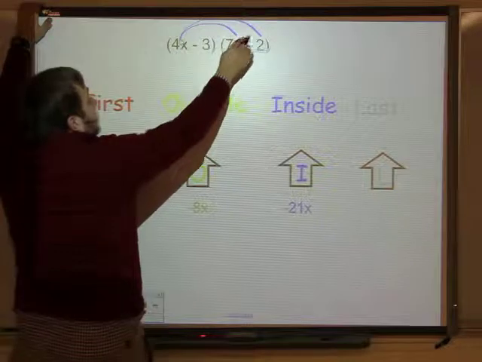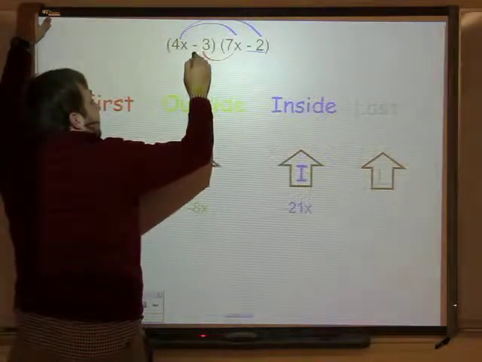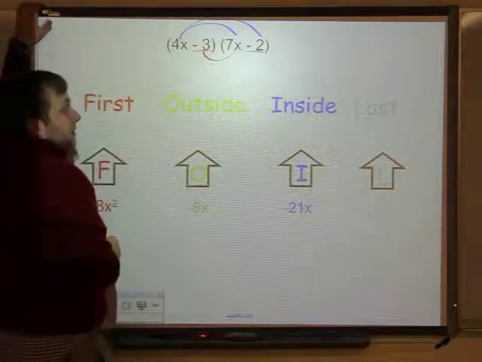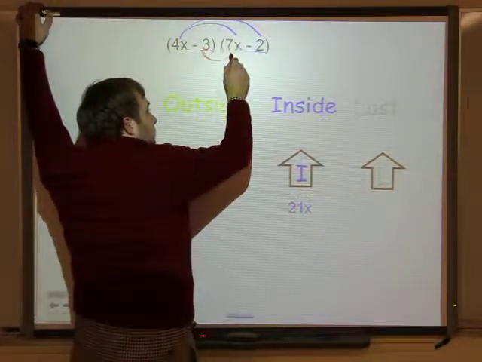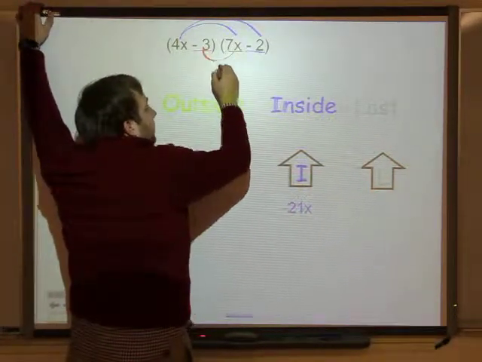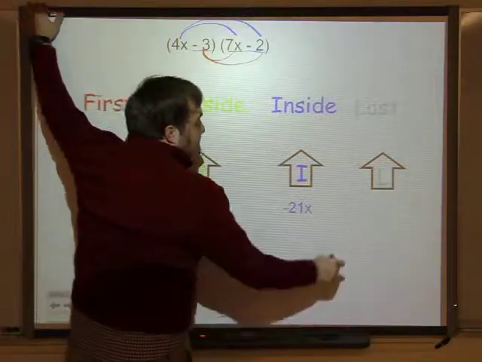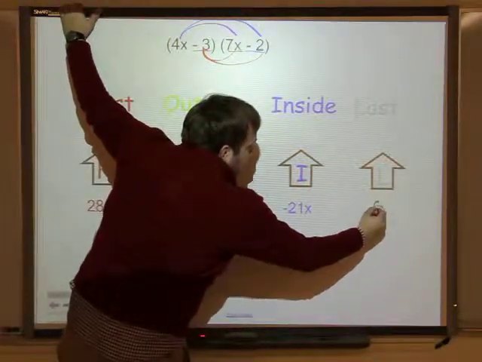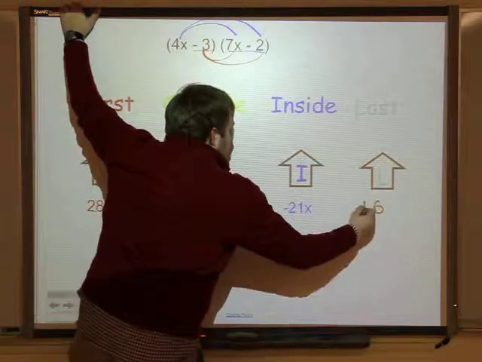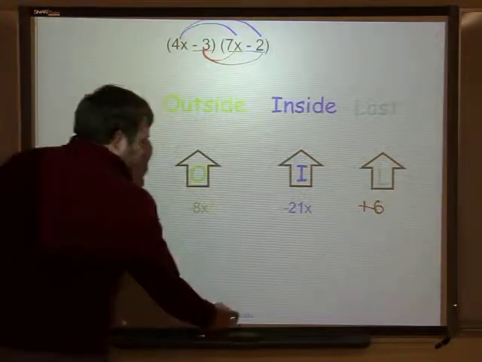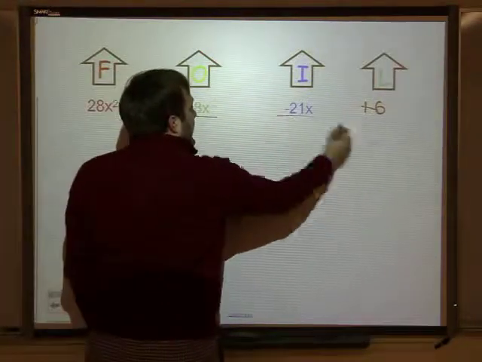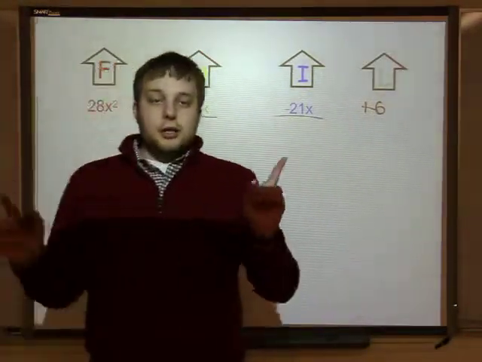That one's been distributed to both. Now I'm going to distribute this negative 3 to both. So negative 3 times 7 is negative 21x. And then negative 3 times negative 2 is positive 6. Now notice again, as I stated, if you FOIL properly, aren't those like terms? The two in the middle are like terms.